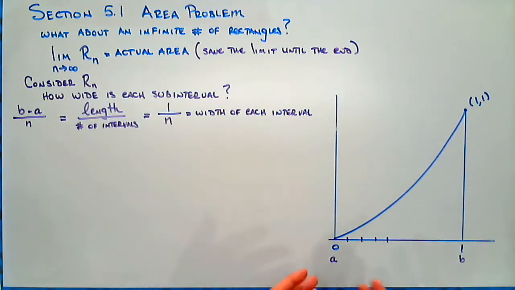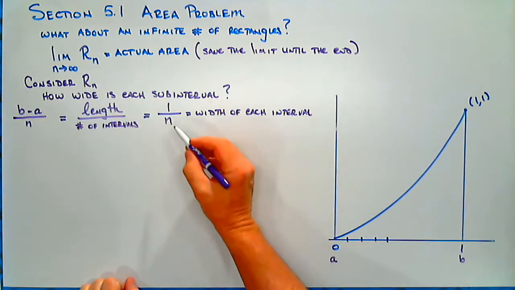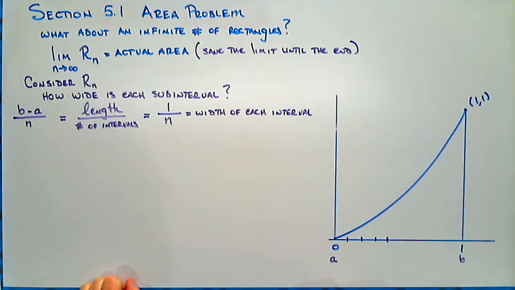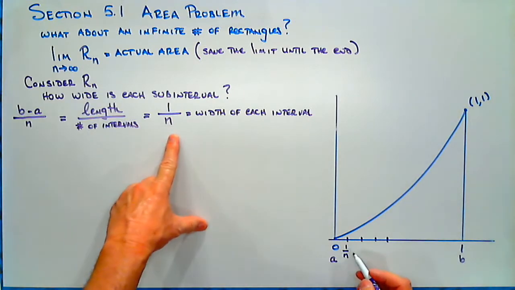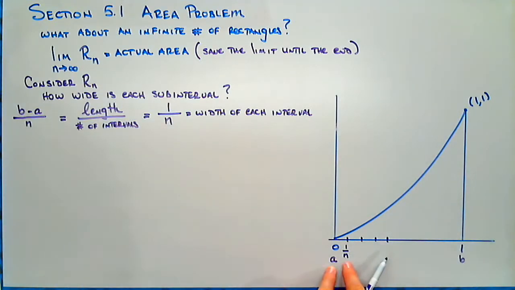Now what does that mean? Well, that means we can write them down. We know we started at 0, we moved 1 over n. That means we landed on 1 over n, didn't we? And then we started at 0 and moved our second interval, which is also 1 over n, isn't it? So how wide was our first interval? 1 over n. How wide is our second interval? 1 over n.